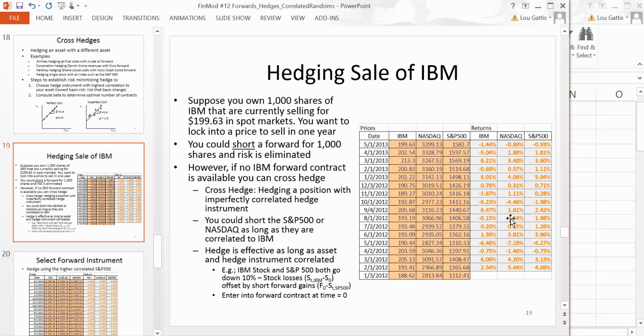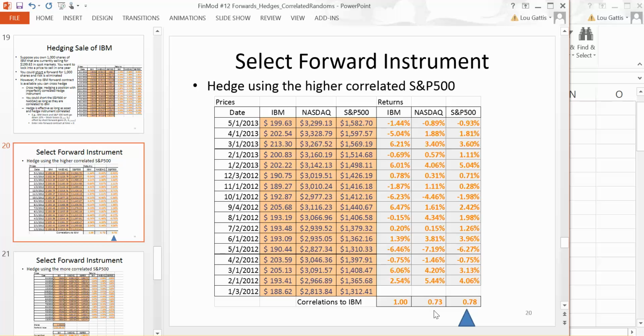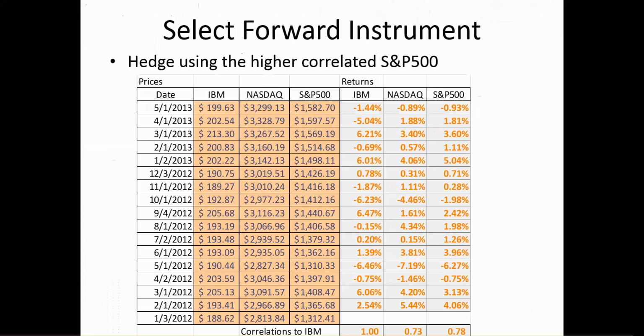So I went and calculated some historical data for IBM, NASDAQ, and the S&P. There are the returns. I calculated the correlations between IBM and itself, IBM and the NASDAQ, and IBM and the S&P 500. And what you see is it's correlated most to the S&P 500. So I'm going to hedge my IBM exposure by entering into a forward contract to sell the S&P 500.